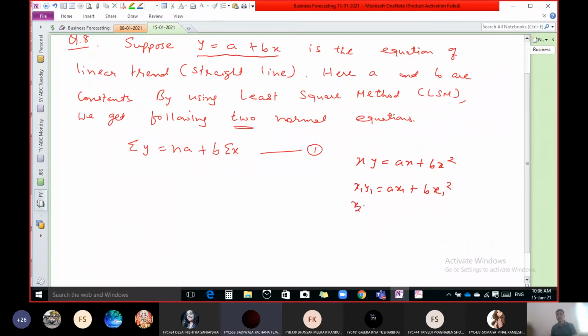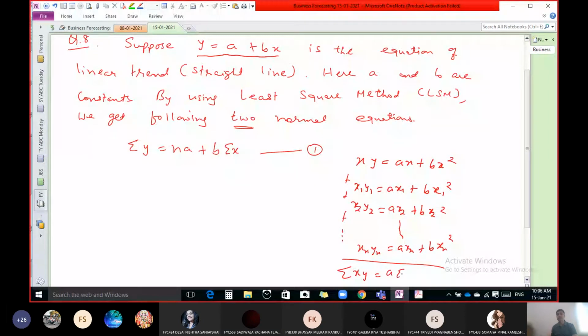Then put x2, so we get like this, up to xn. And now add these. So you can write this as sigma xy equal to, you can take a common, so we get sigma x. Then you can take b common, then we get sigma x square. So that is the way to learn this second equation.